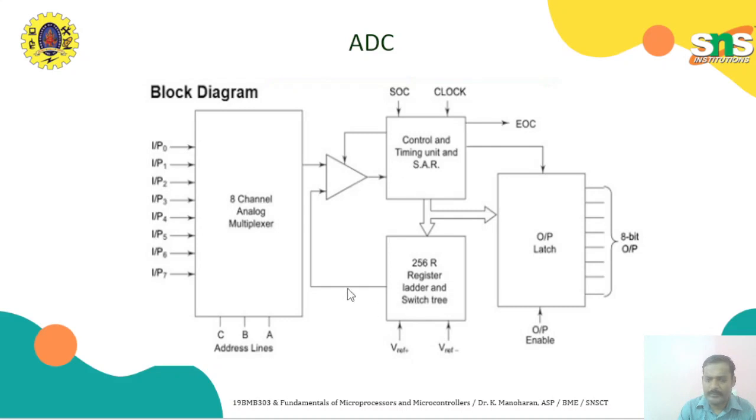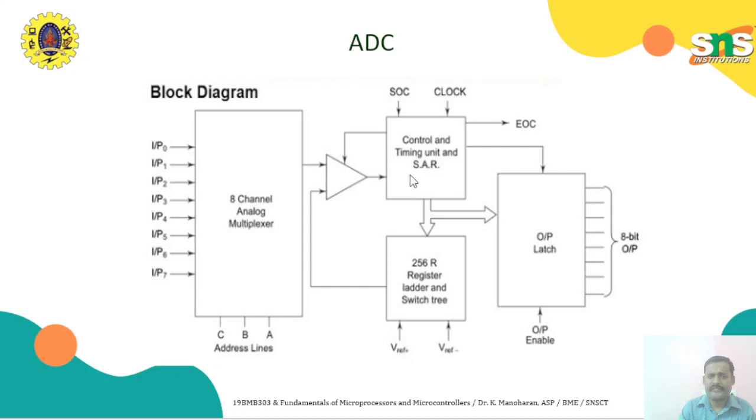So the second bit will be set, and again it is compared with the analog input, whether higher or lower, and depending upon that it will be 1 or 0. Again this is repeated. Within the 4 cycles of operation, it completes the data and gives the end of conversion. Once end of conversion is given, the actual input data will be available at the output pins, and it can be read.